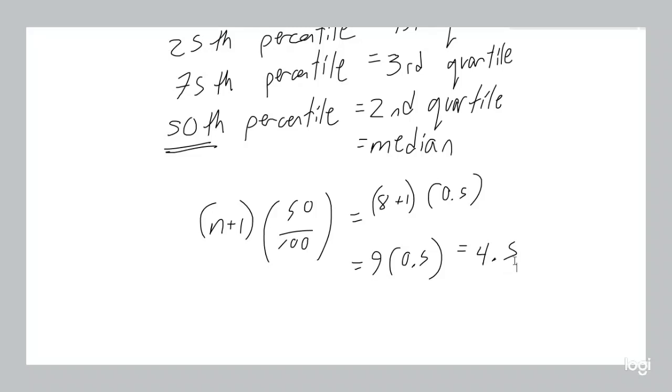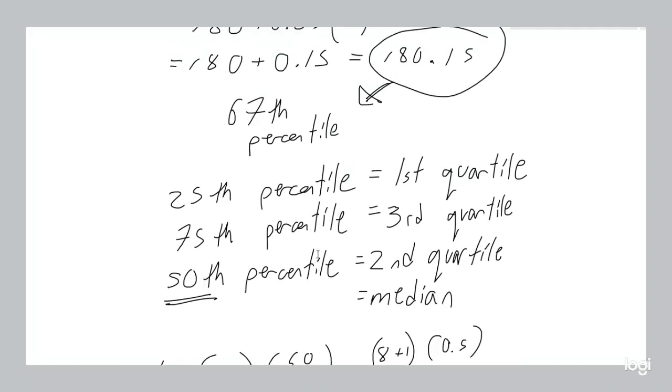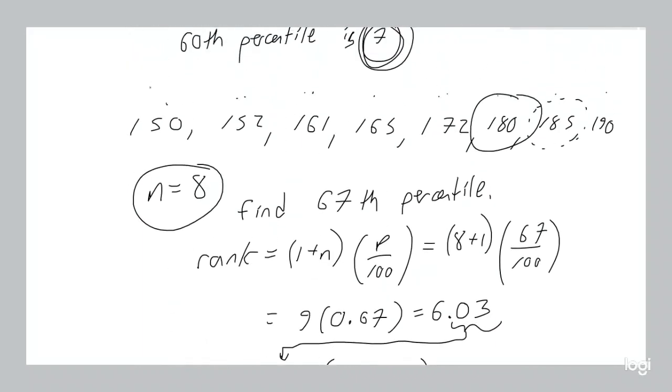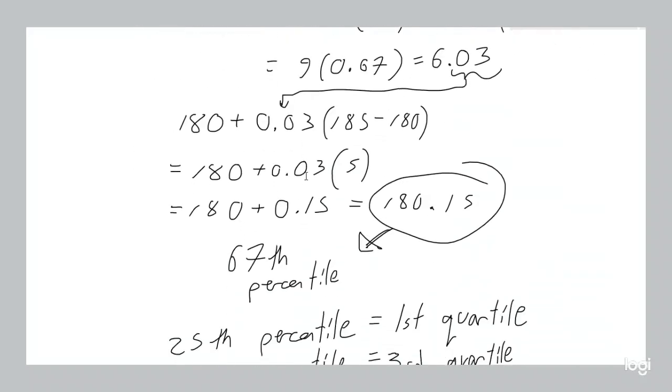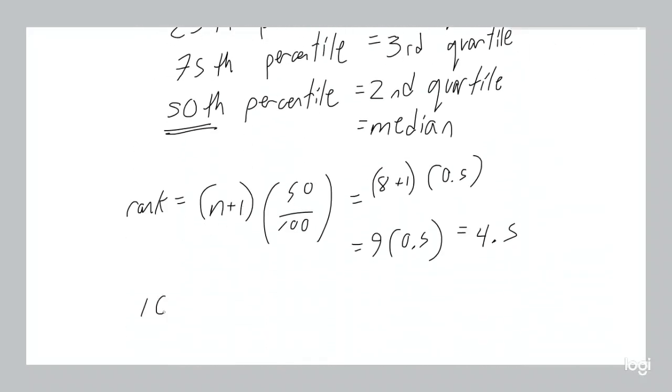And that is our rank. So we look at our data points, 1, 2, 3, 4. That's the 4th data point, so it would be somewhere between the 4th and the 5th data point. So it would be 165 plus something, where the decimal is 0.5 of the path between the 4th data point and the 5th data point.